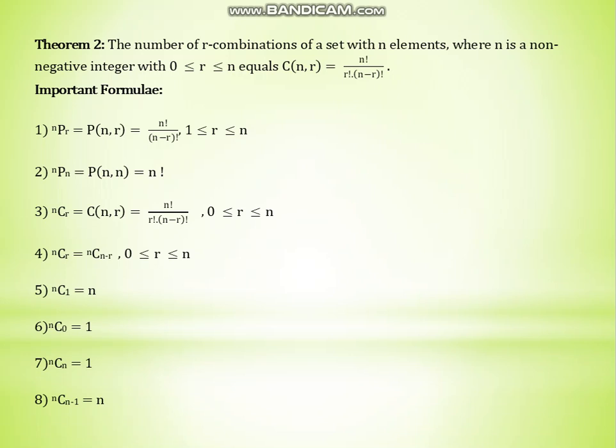And nC(n minus 1) means if you want to choose n minus 1 elements, you want to reject just one. So you can reject the first one, second one, third one, or the nth one. So there are n ways to do that.